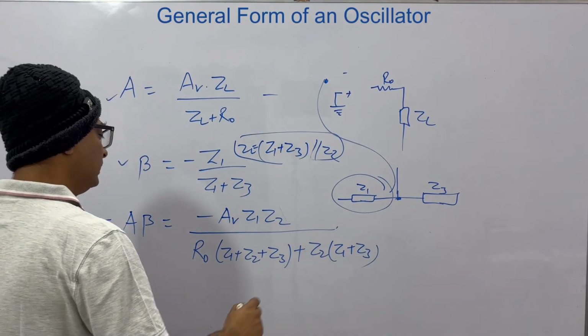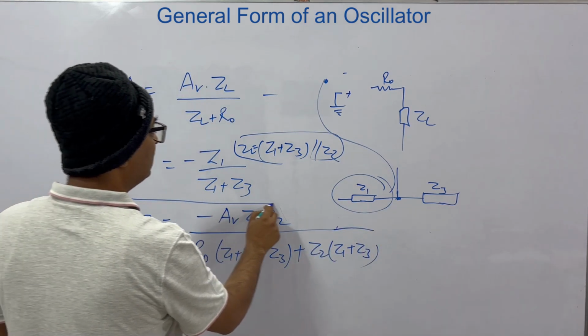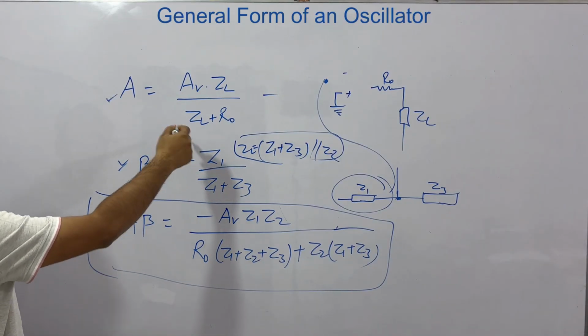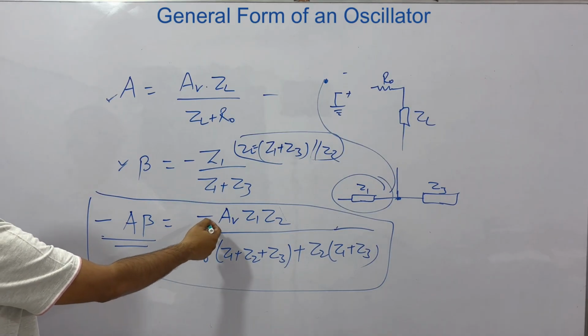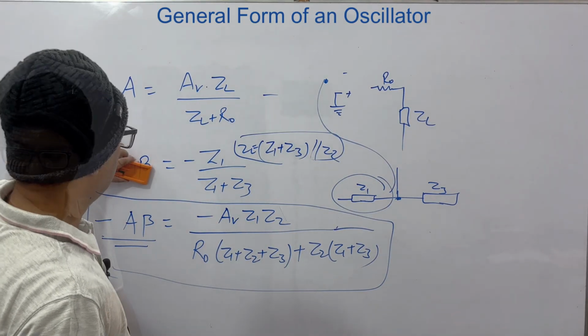Okay, so this is the expression that you get. You have A, you have beta, you have ZL. So if you put these values, minus A beta will be equal to this thing. Okay, I am rubbing this.